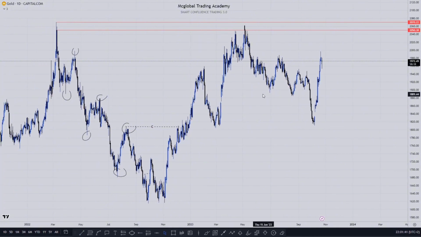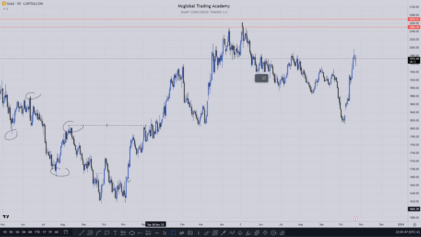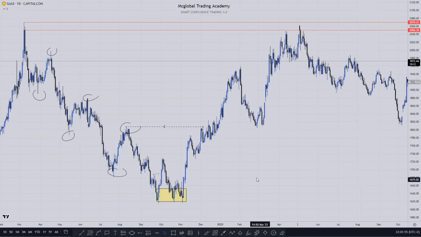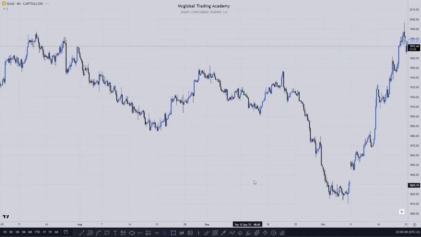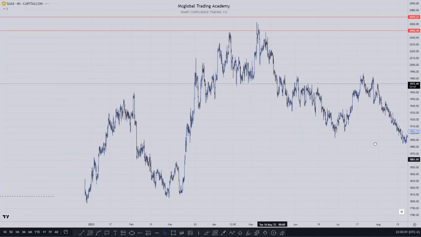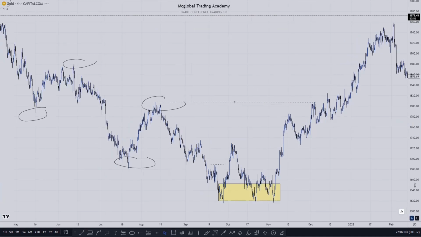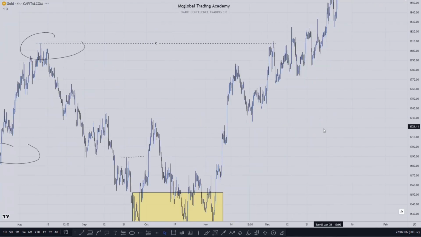Now here, this inner or minor change of character was facilitated with a pullback like this, came back. So long as it was in that zone, we were buying.